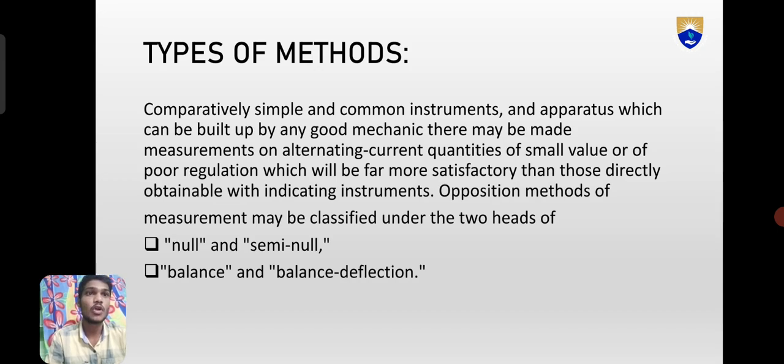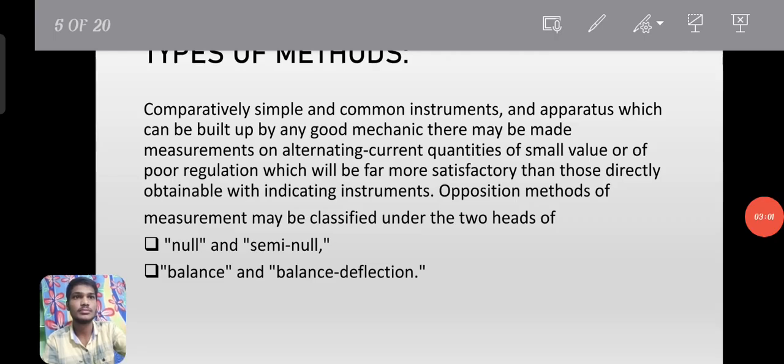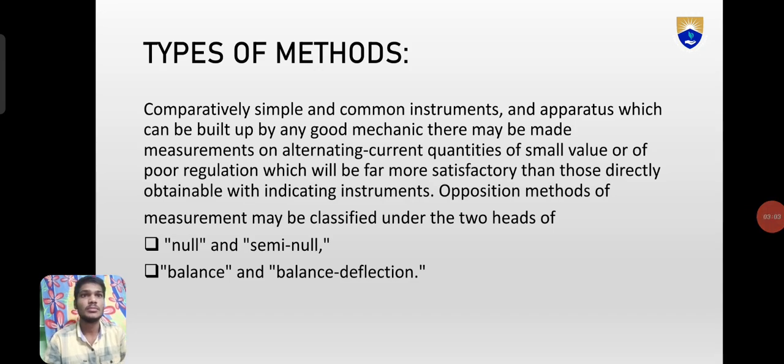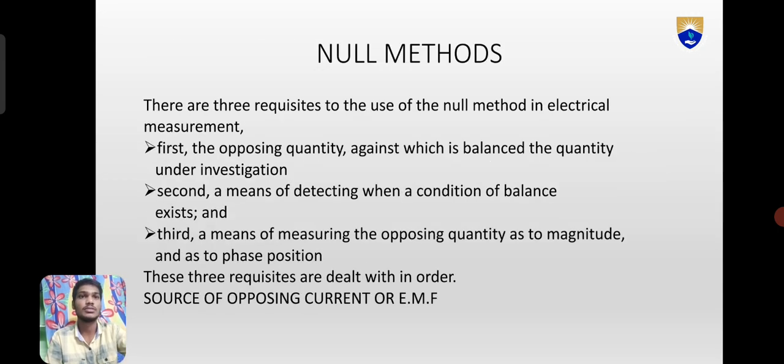Comparing simple and common instruments and applications which can be built up. Alternating current calls of small values are pure regulation which will be fair, somewhat satisfied than those directly obtained with instruments. Opposition methods of measurement may be classified under two heads: null and semi-null, balance and balance deflection.